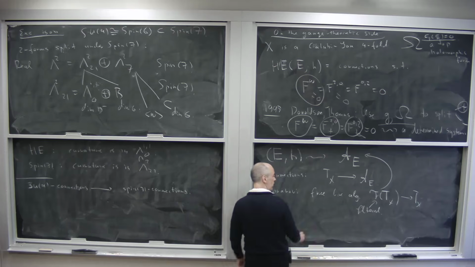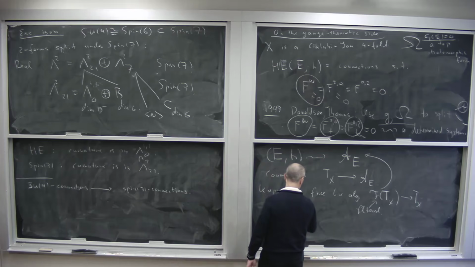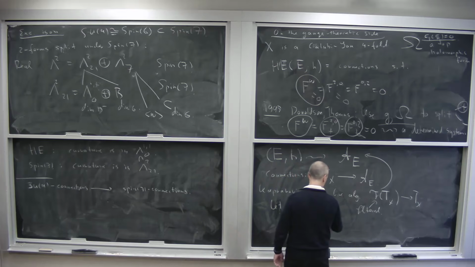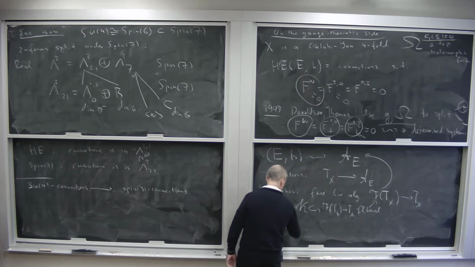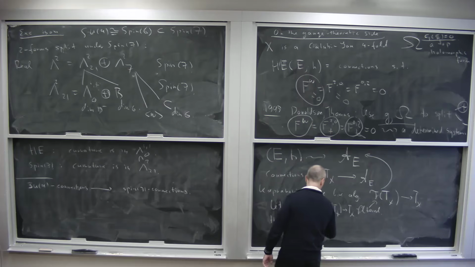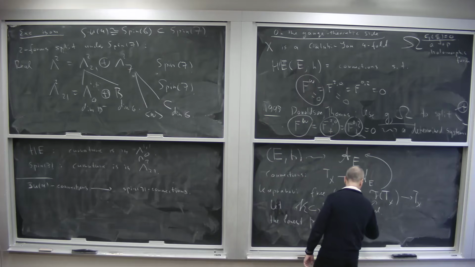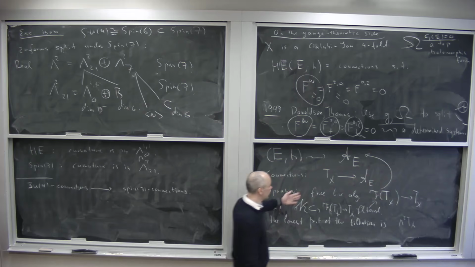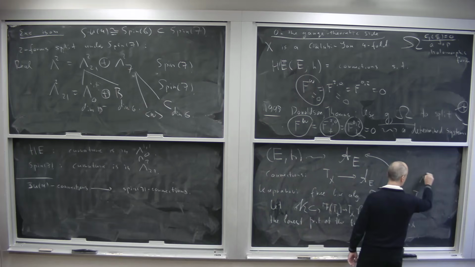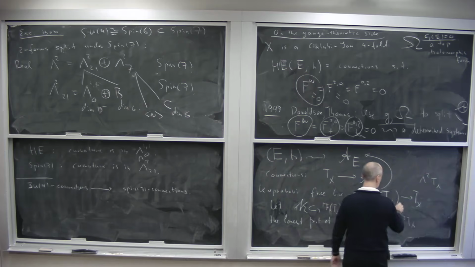Namely, if you look at the lowest part of the filtration, let K, like this, which has nothing to do with the previous K, be the kernel of this map at T X. Then this is also filtered, and the lowest part of the filtration, the growing filtration, is the square of T X. So in other words, if you have a representation like this, then you have the wedge square sitting inside here.